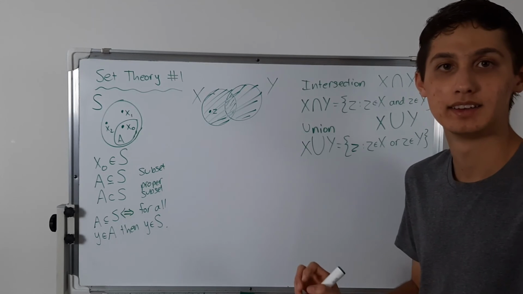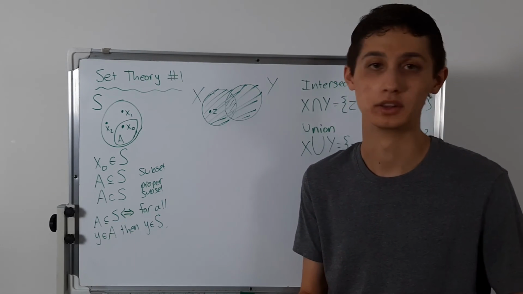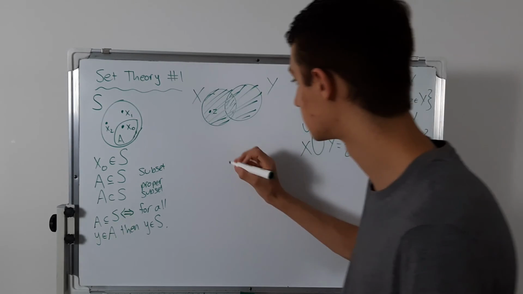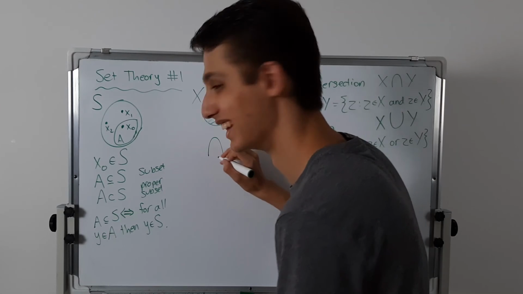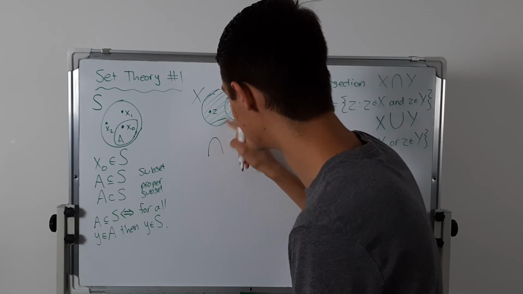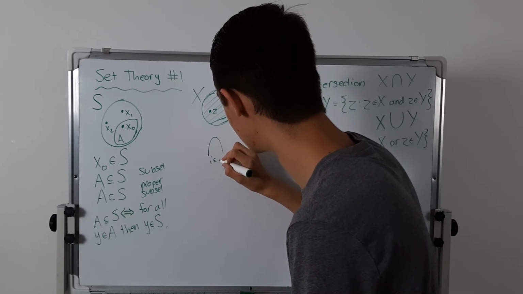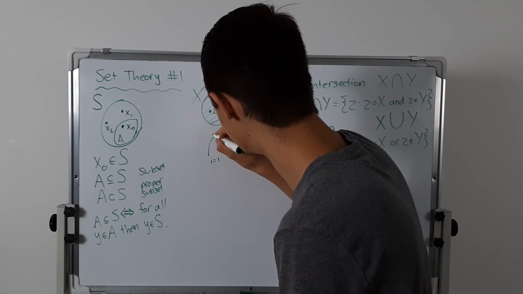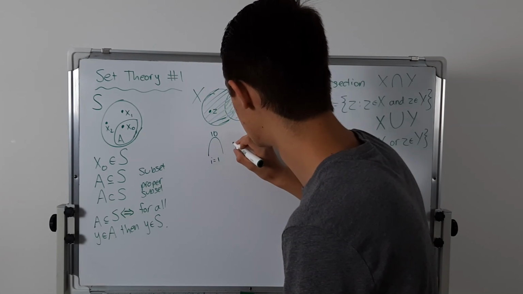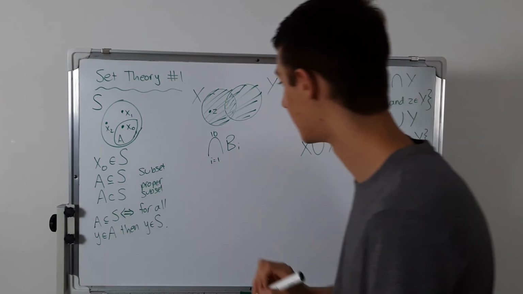Now there is the idea of intersections of a lot of different sets, or unions of a lot of different sets. This is the intersection of, let me just say, i equals 1 to 10 of, I'm going to call these sets B sub i.